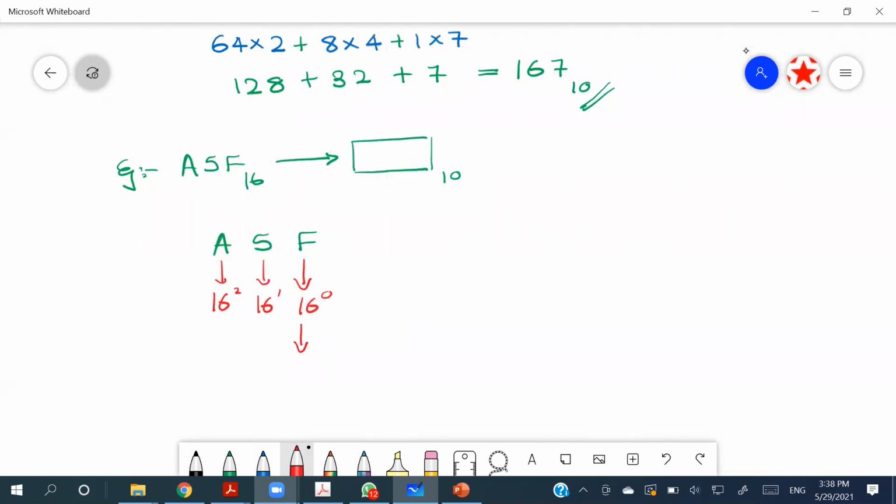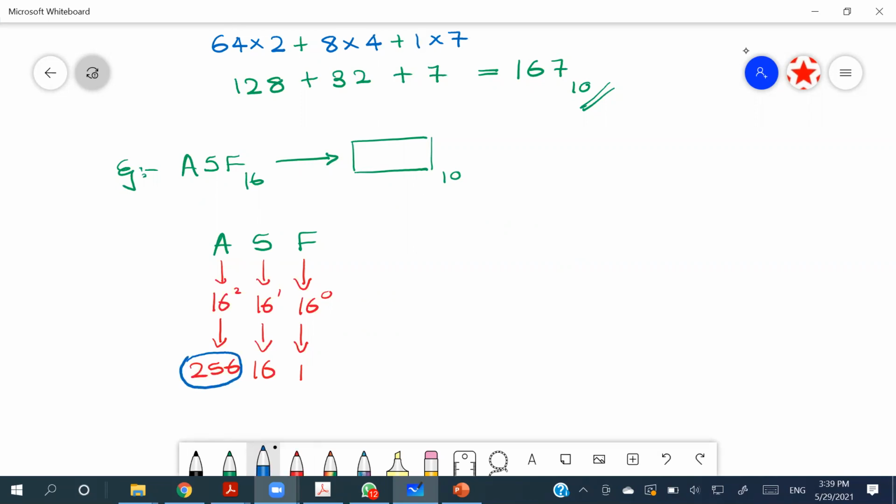So 16 to the power 0 is 1, 16 to the power 1 is 16, 16 to the power 2, what is it going to be, people? 256. Very good, Udamya, very good. 256. So now we know what to do.